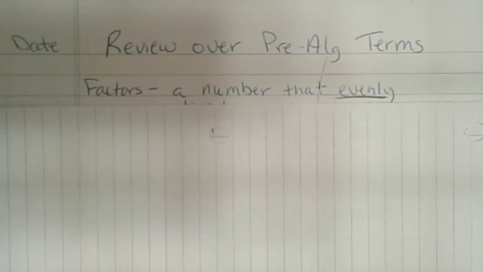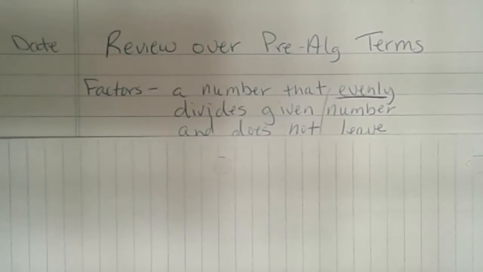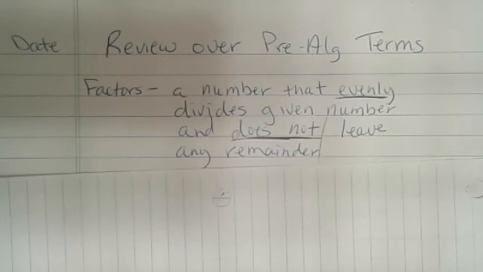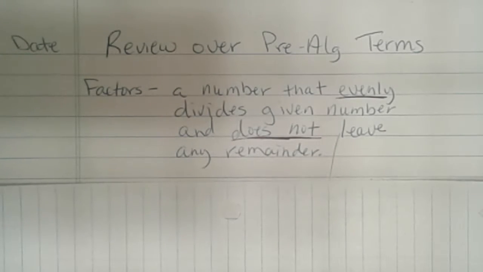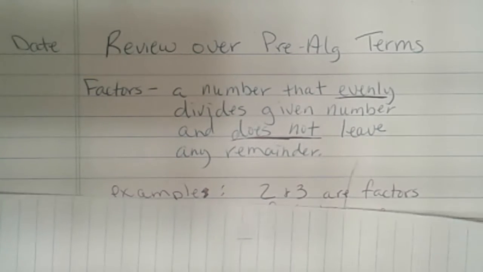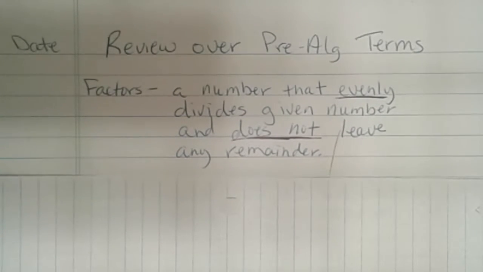vocabulary term that we are going to review is factor, or factors, and it is a number that evenly divides the given number and does not leave any remainder. Okay, so think about it. If I ask you what are the factors of 6, what numbers evenly go into 6?